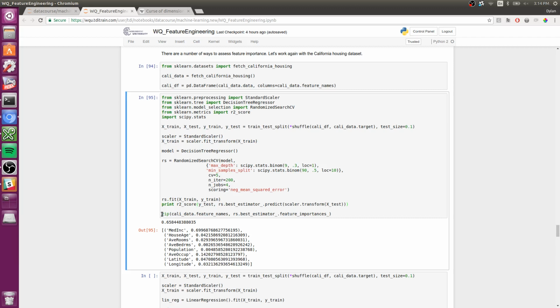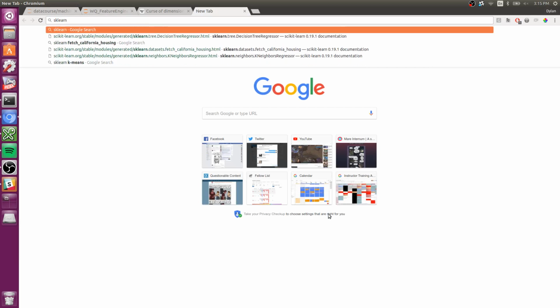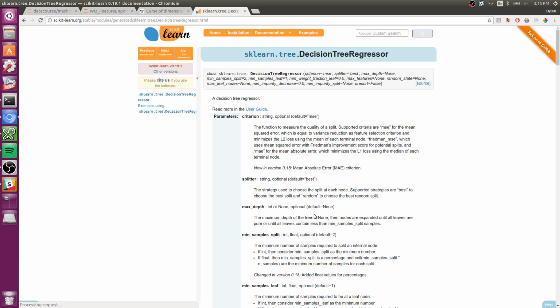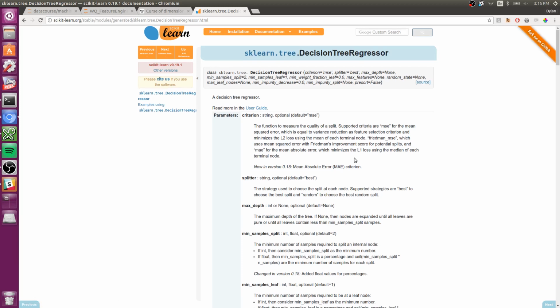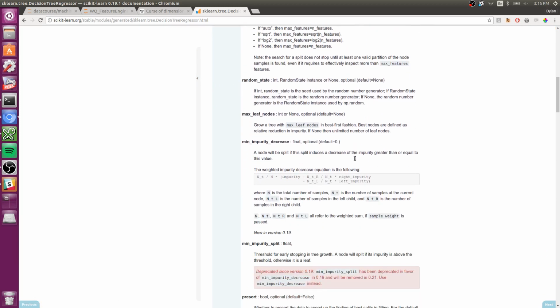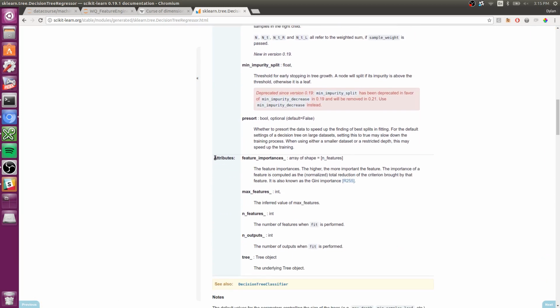We can examine the feature importances in the model by using the feature importances attribute. So decision trees have a feature importance attribute. If you look at the scikit-learn documentation, there's a list of attributes of the decision tree regressor, and feature importances is one of the first ones.